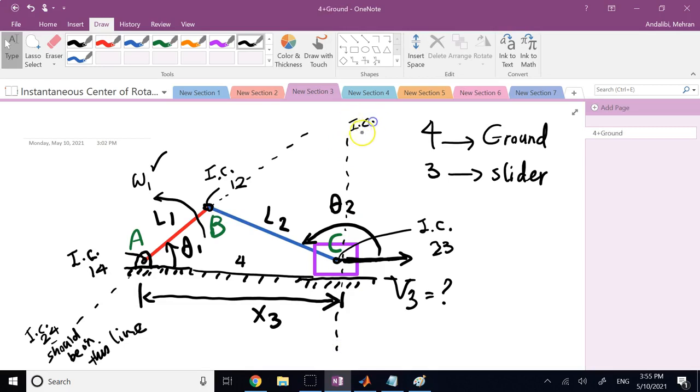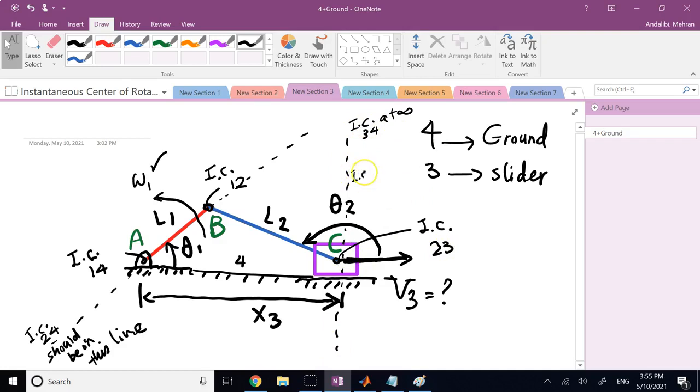This is the IC of 3 with respect to 4 at what? At infinity. It is on this line, but at infinity. So now I have 2 to 3 and 3 to 4. So now on this vertical dashed line that connects 2 to 3 and 3 to 4 should also lie what? Yes, 2 with respect to 4.